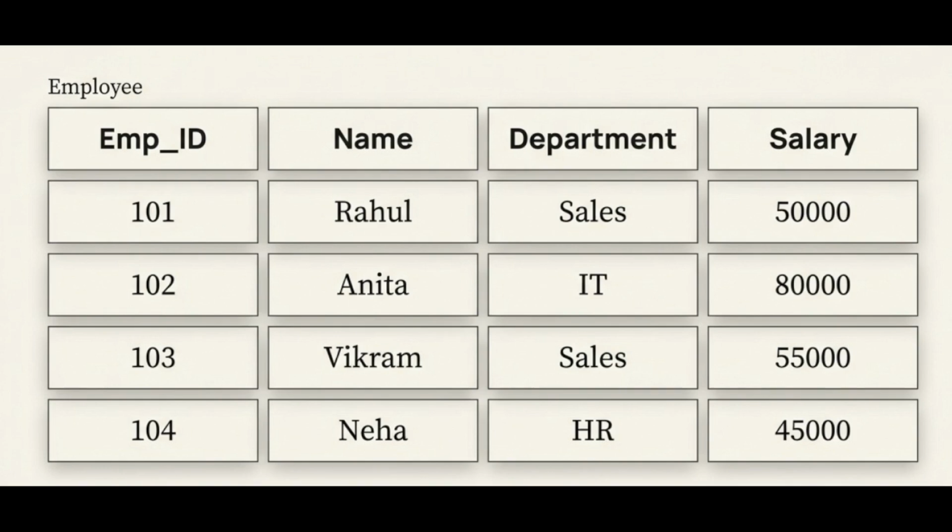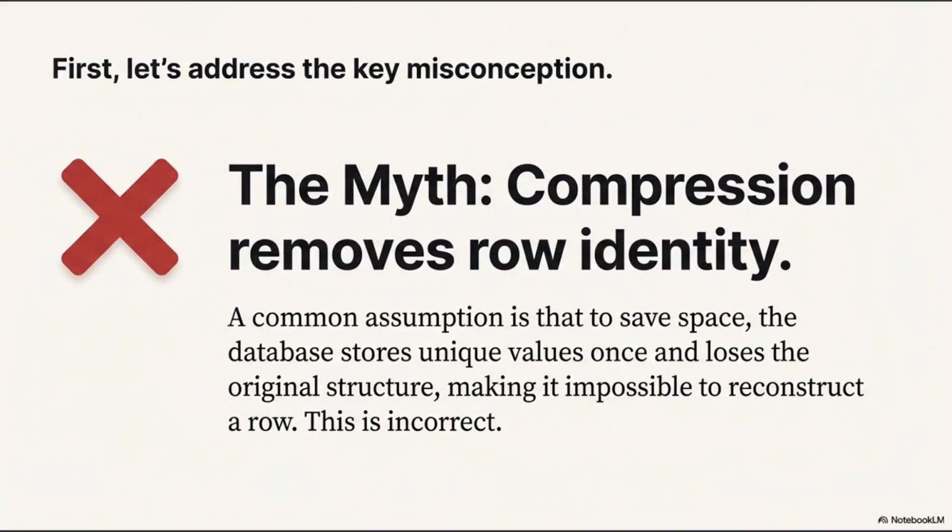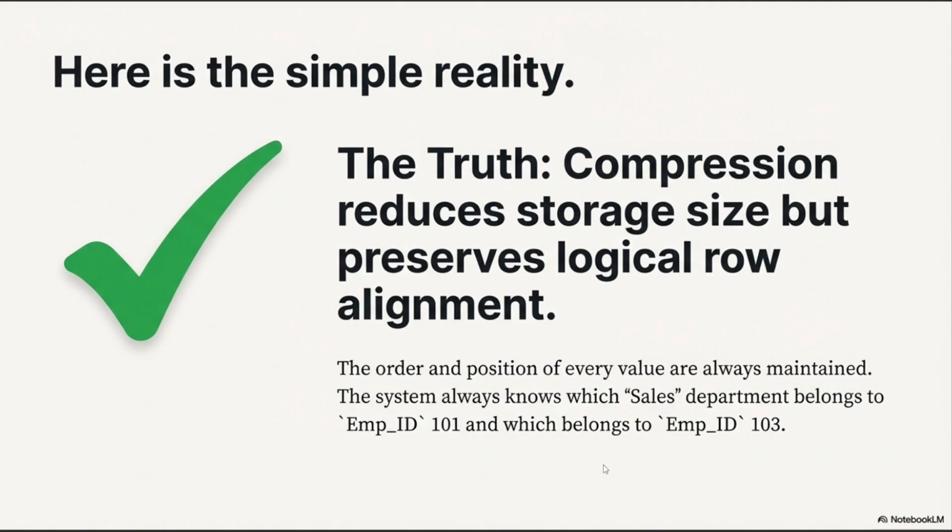If you store data by column and you are storing sales only once instead of twice, how will employee 1 be mapped to sales and employee 3 also be mapped to sales? So this is a common myth that compression removes the row identity, but it is not the case. The truth is compression reduces the storage size. It doesn't reduce the data but preserves the logical row alignment.